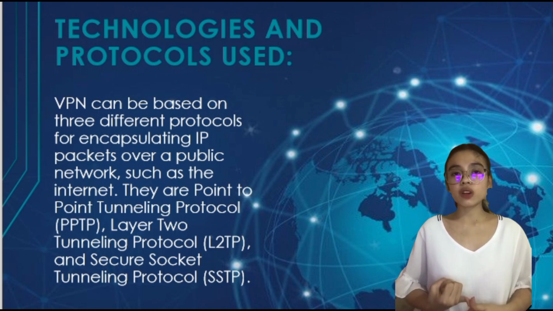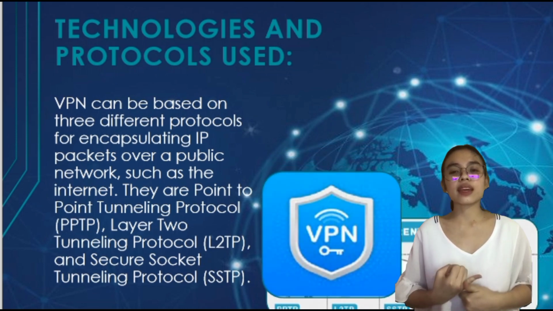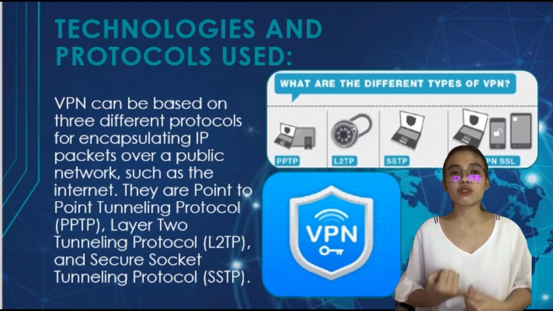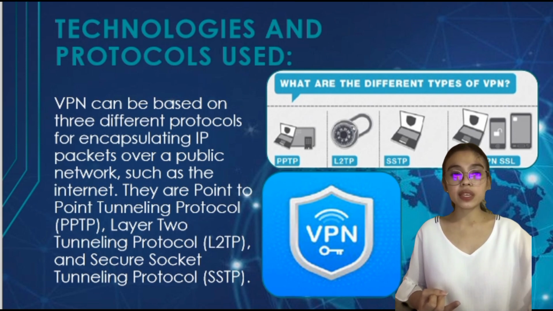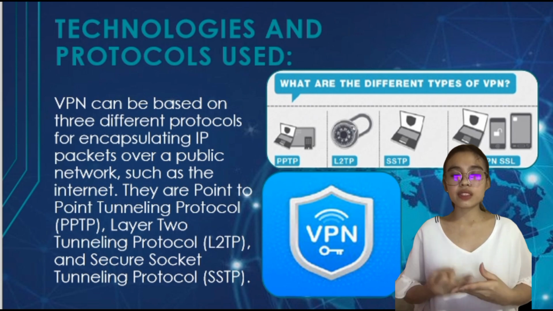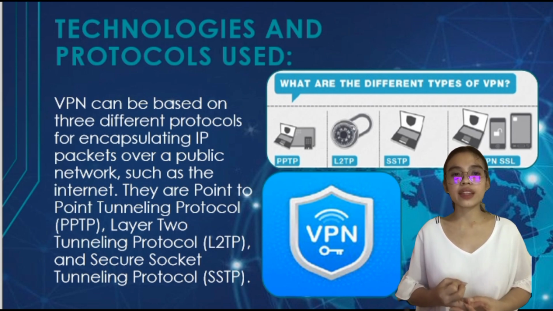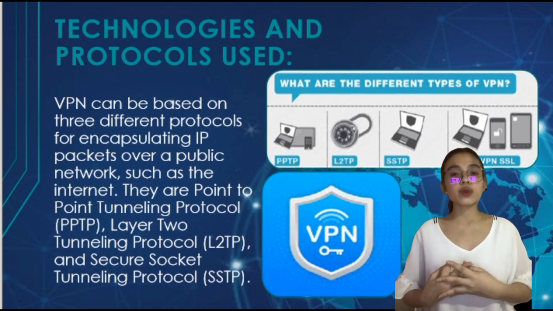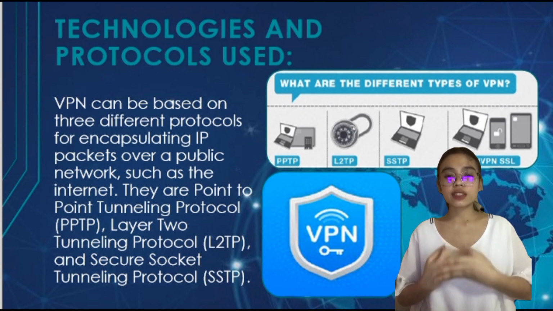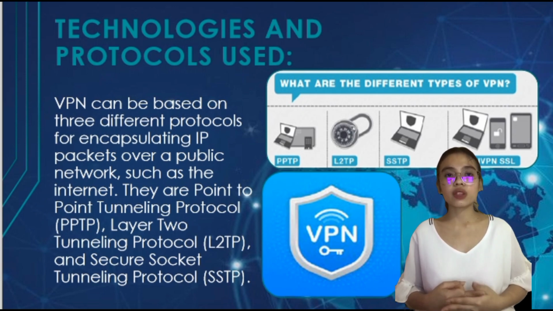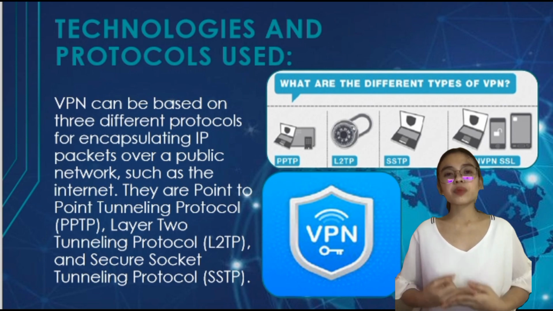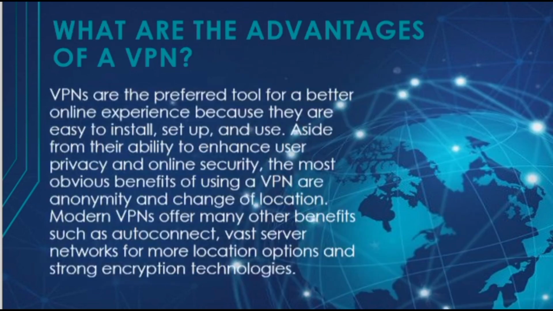This VPN protocol was used during the 1990s and developed by Microsoft. The second one is L2TP and IPsec. This is the VPN protocol that combines Layer 2 Tunneling Protocol and Internet Protocol Security, or IPsec. The third one is SSTP, or the Secure Socket Tunneling Protocol. It is the protocol that Microsoft developed.